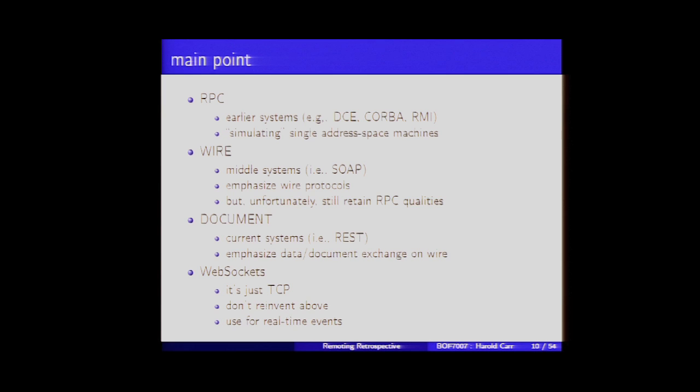If you're writing embedded controllers, that's probably not the model for you. RMI or something like that's better. But if you're doing a document exchange, this is the one. I have certain judgments, but they have to be colored with use cases. And then there's WebSockets, which seems to be the latest, greatest thing.